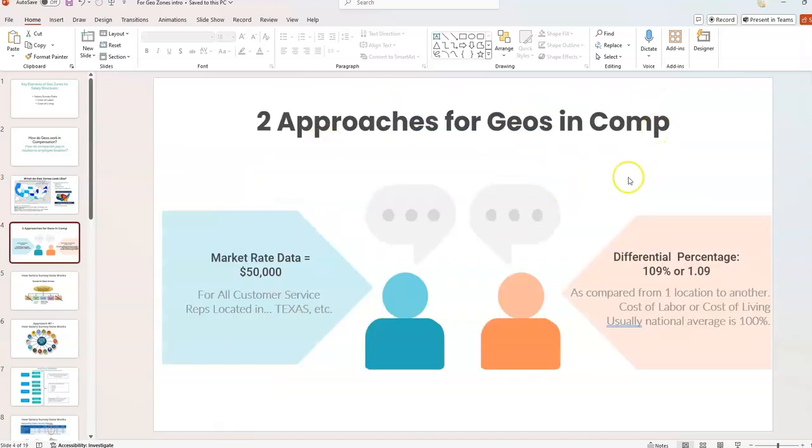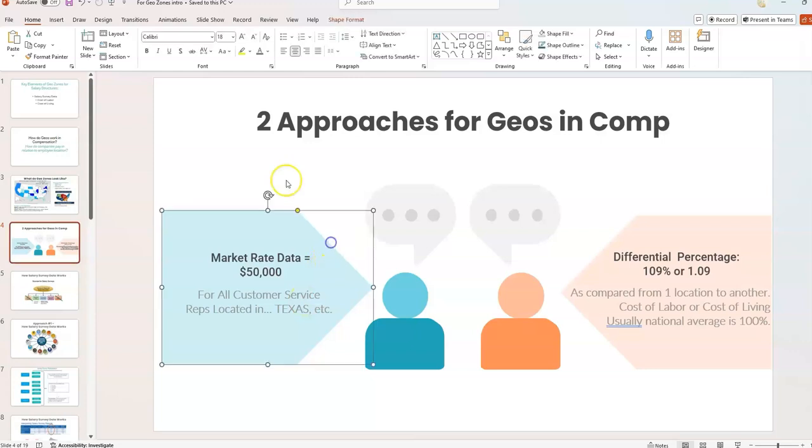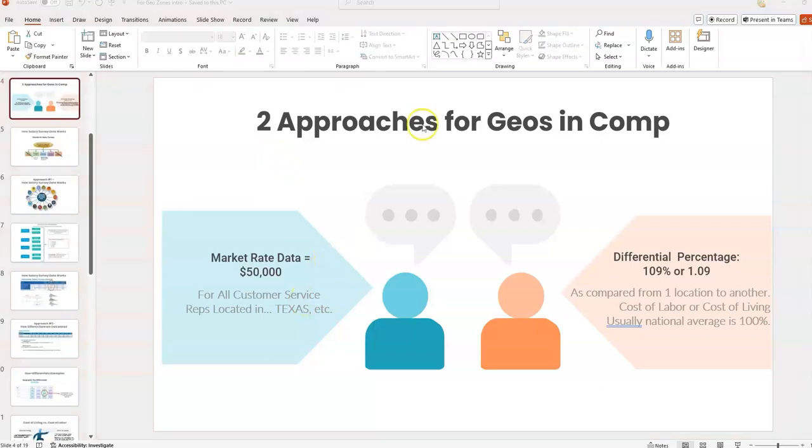So there are 2 approaches to developing and analyzing if you need a different geo zone. The first one is looking at the market data, and that's coming from salary surveys. From the examples, it's going to be a dollar value amount, so 50,000, for example, for customer service reps located in Texas.